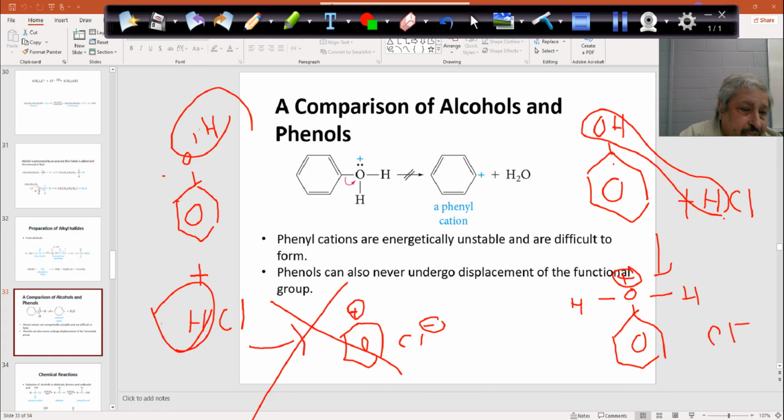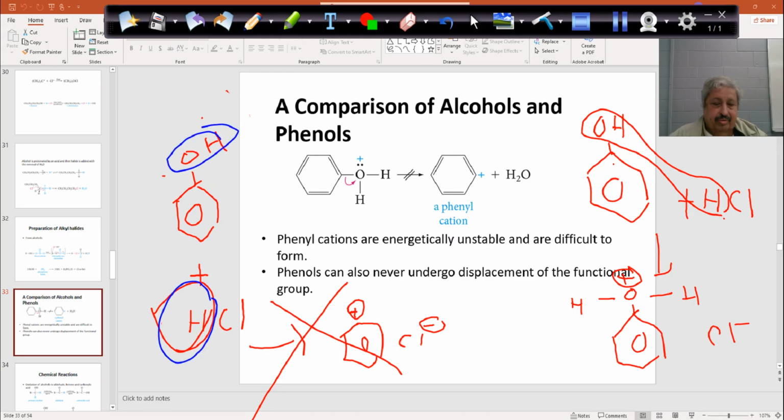You pull the OH out with the H, and then your byproduct is H2O, correct? And then you have this type of reaction. That's not the case. Remember, that would be a phenolium ion. That's not existent. Okay, guys.